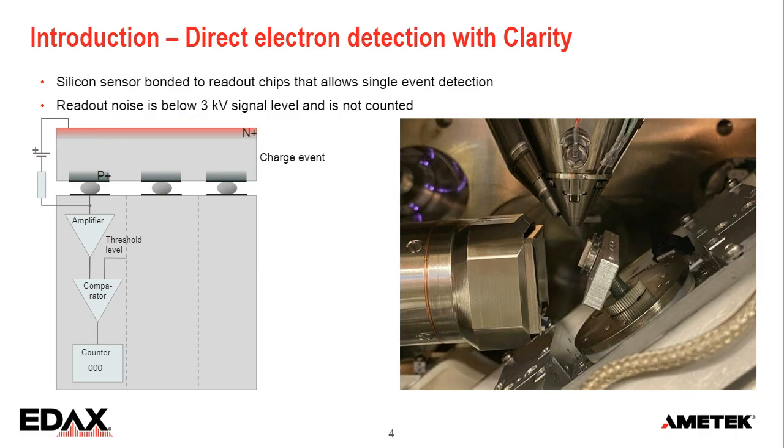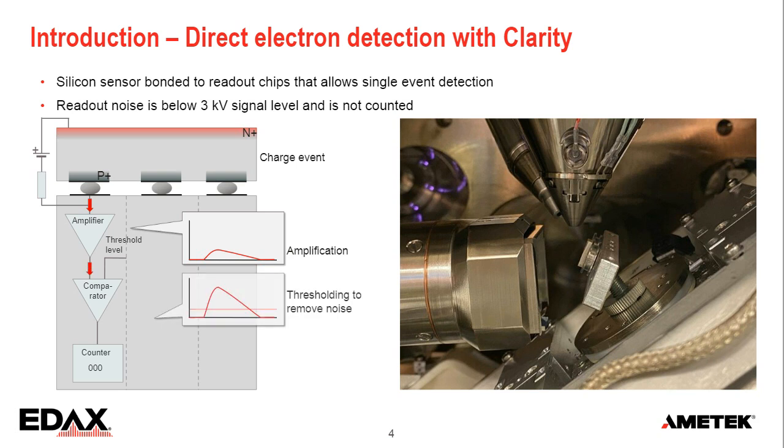Electrons are pulled down into an amplifier and into a next step comparator that measures what the signal is, so what the voltage is that was coming in. We cut out the noise, and the read noise is very, very low on these systems.